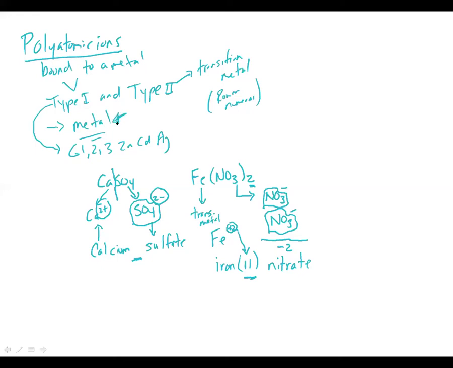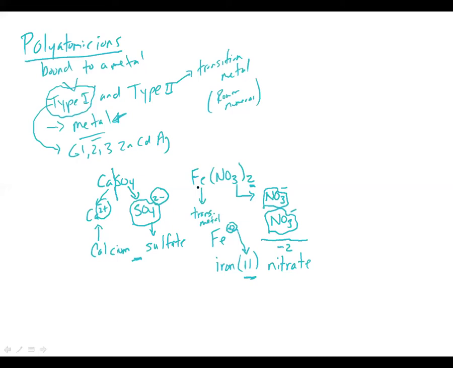If that metal is in group 1, 2, 3, zinc, cadmium, or silver, it's just like a type 1 metal, like we talked about earlier, which means it has a fixed charge. So you don't need the Roman numeral in that case, because something like calcium will always be +2, no matter what. It will never be anything different. In the second one, we have iron, and iron is a transition metal. So iron in certain cases can be +2 or +3. It has a variable charge.